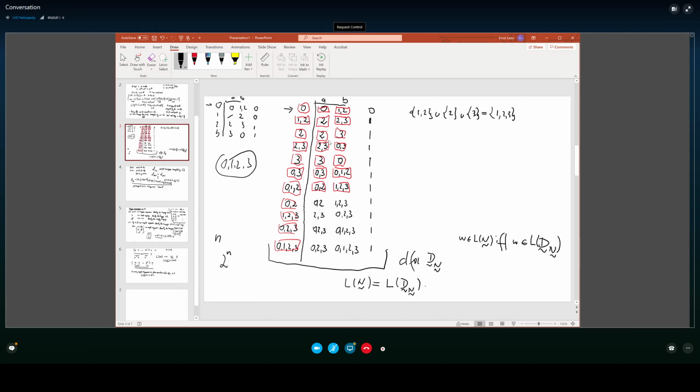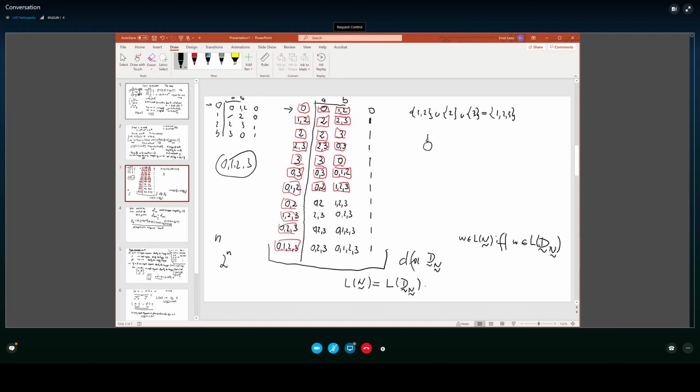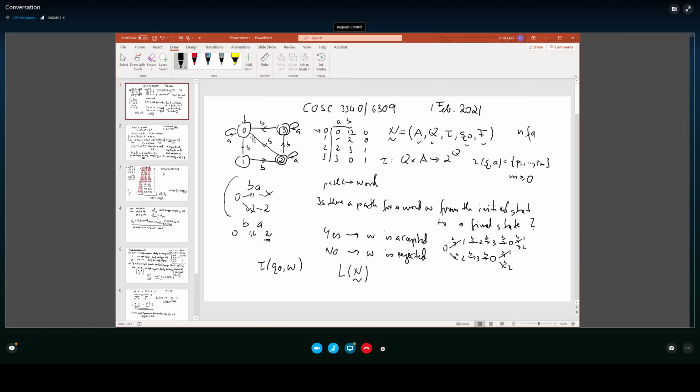Look, your NFA, let me draw it for you. Actually, I have it up here. There is your NFA. That's exactly the same. I've written it down again. So from 0, under B, you can go to 1 or 2. And under A, you go to 0. And from 1 under A, you don't go anywhere.